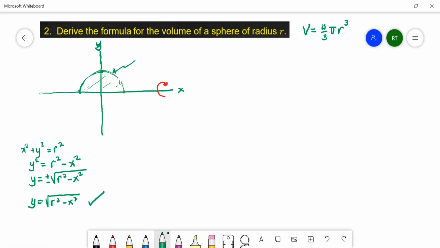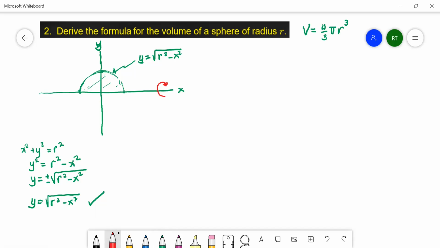Okay, so this is represented by y is equal to the square root of r squared minus x squared, the semicircle. And the next thing to do, of course, is to draw the element. Of course, we can use this method since the region R, the semicircle, touches the axis of revolution, which is the x-axis.